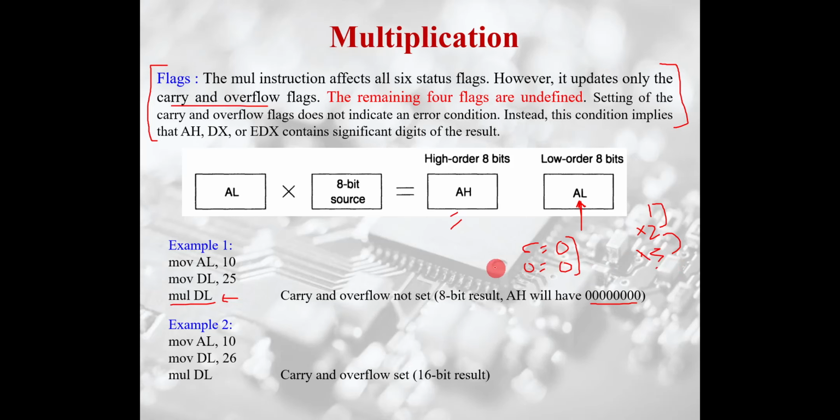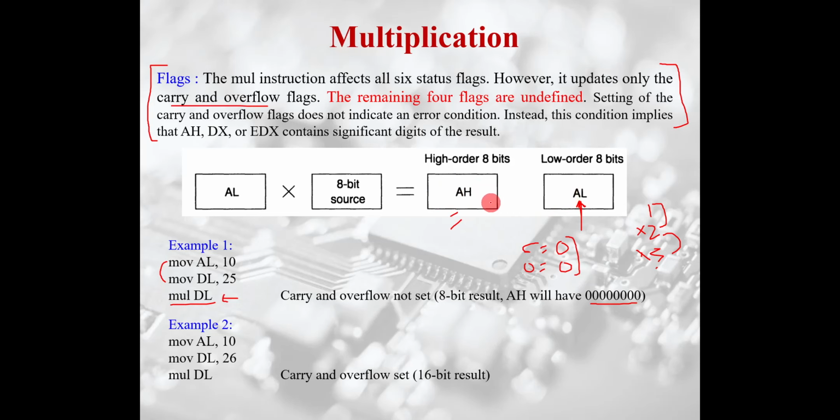That will unnecessarily take a longer execution time as well as more memory. So if the result is 8-bit, I should know that, so that I can again use an 8-bit multiplication. Or if I am going to store it into the memory, I need not store it into a full word. I can store it as a byte also. So it is very important for us to know whether the result is a byte or a word. Now, although normally both the registers hold the result, but if this is all 0000, then what?